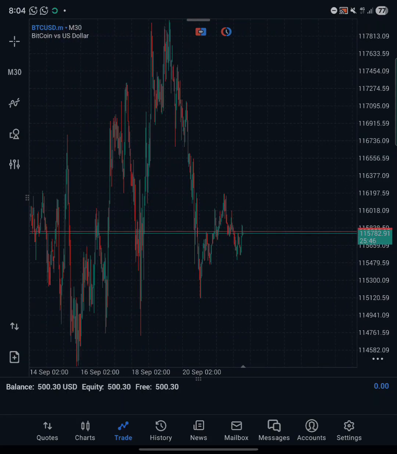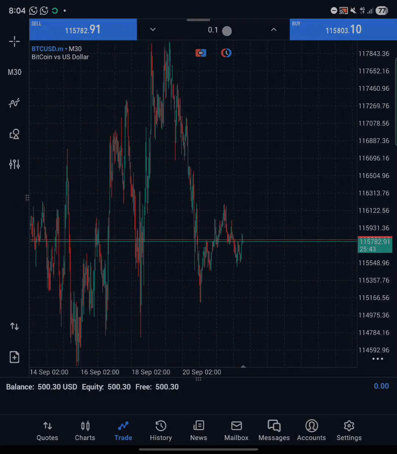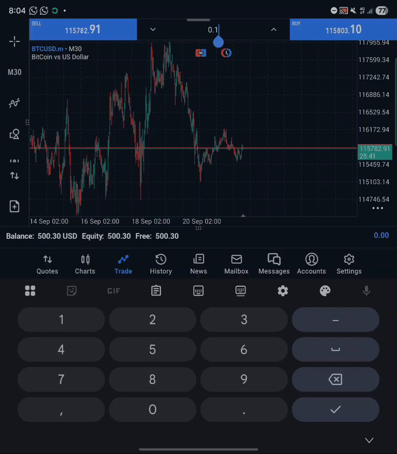Okay, so here we'll be talking about lot size. A lot size everybody uses, a lot size you get to use when you get started, probably. We have the micro lot size, the mini lot size, and the standard lot size.